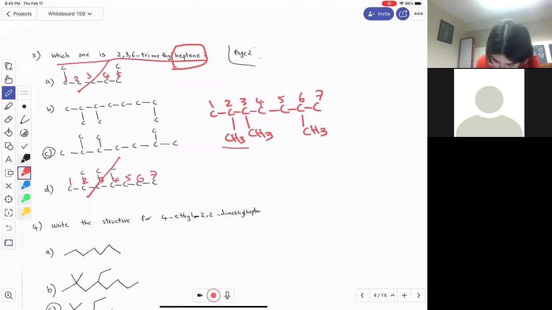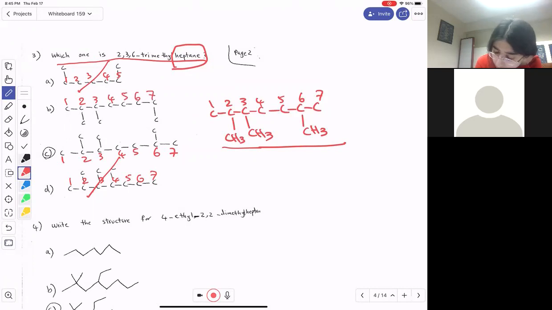That is right, but you see the branches, how they are? They're not like this. Between these two, this is 7 carbons. But what about the other one? That is 7 too.